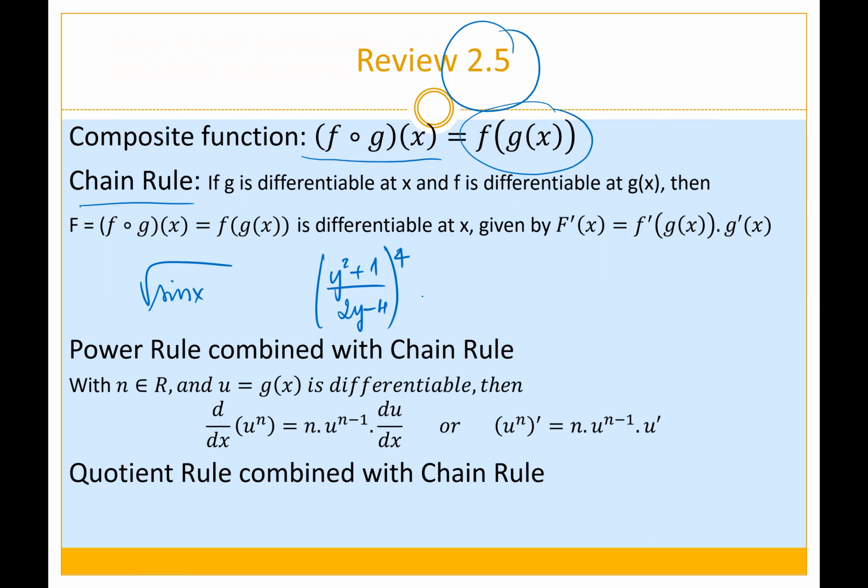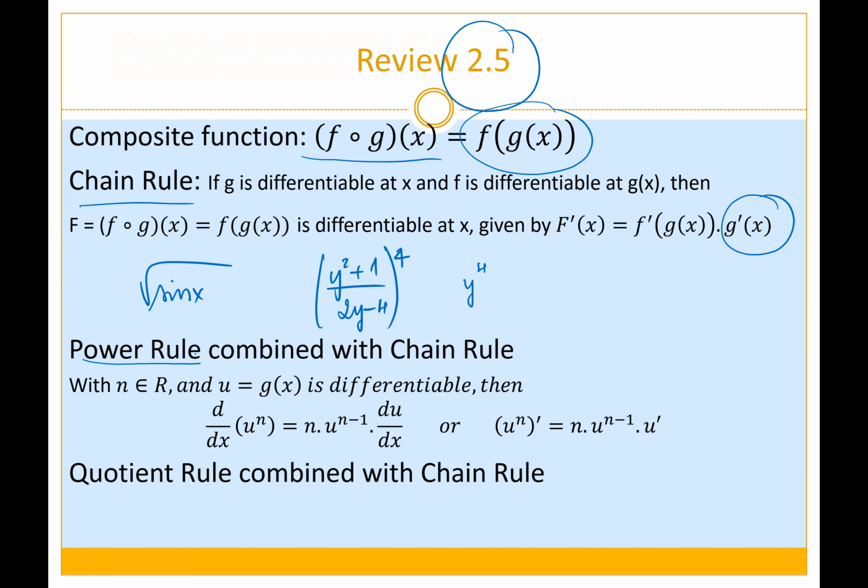If you want to take the derivative, what's inside is not simply y, it's a fraction. So the additional step is that you have to multiply by the extra derivative of whatever is inside that function, the derivative of y squared plus 1 over 2y minus 4.